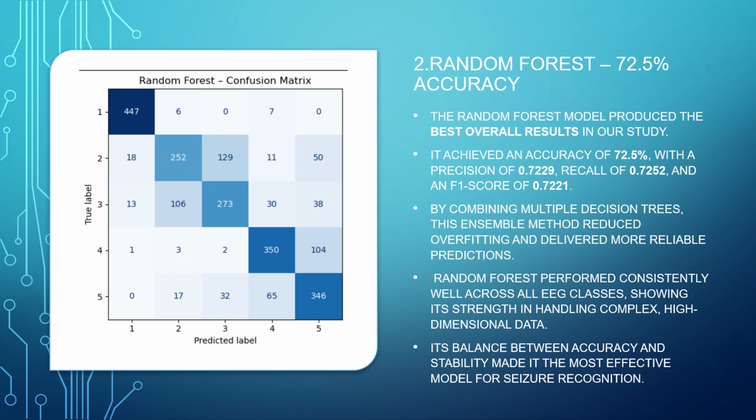This model consistently performed very well across all EEG classes, demonstrating its ability to handle complex and high dimensional data. Overall, random forest was the most reliable traditional machine learning model in our study.